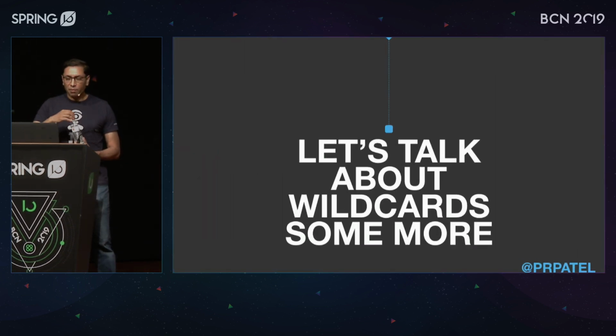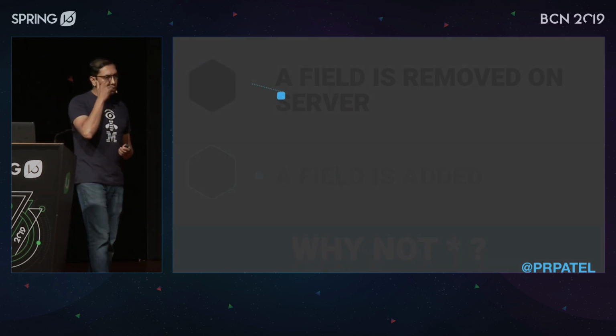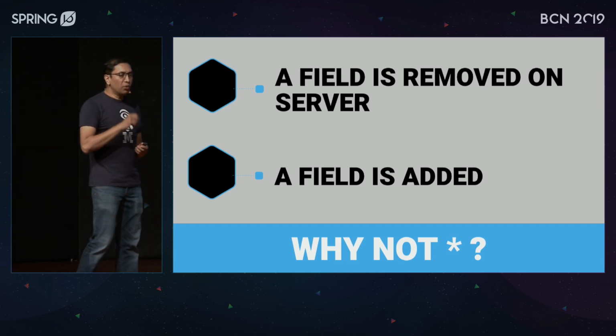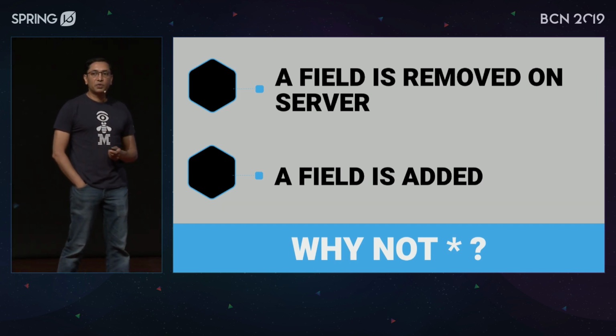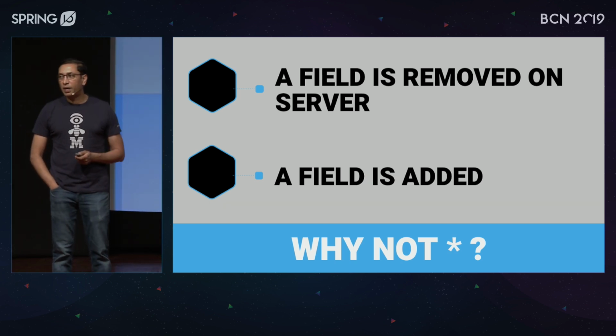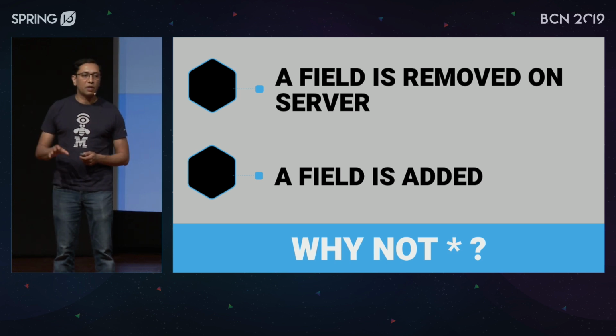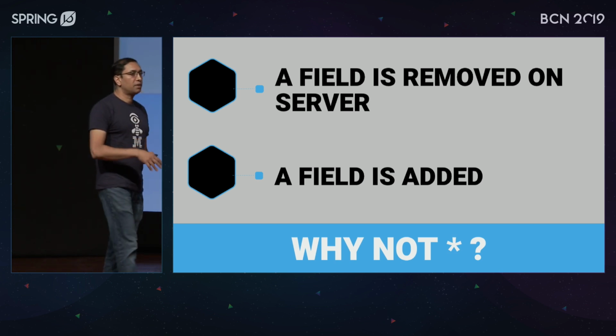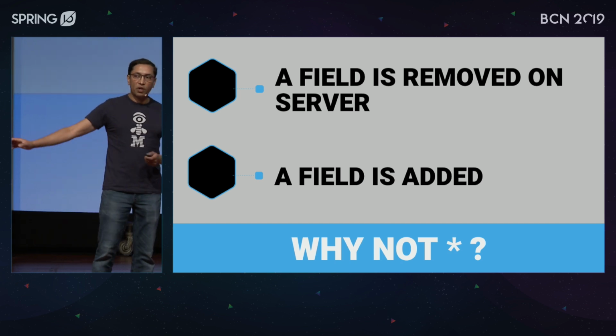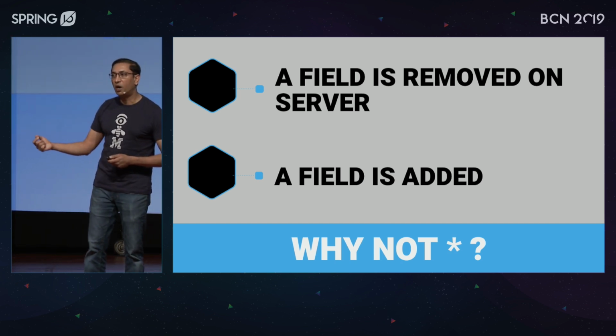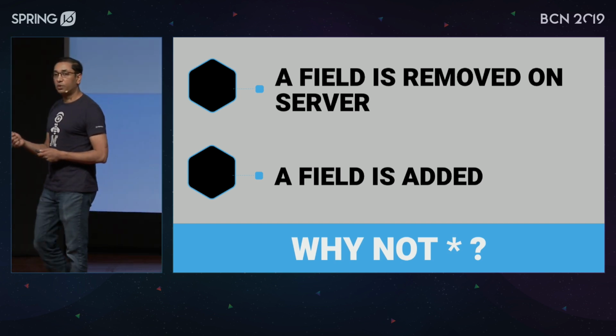All right, so let's talk about wildcards a little bit more. Another reason why it's nice to be explicit about what you're getting from the endpoint is, say that someone on the team removed a field from the object. You weren't expecting it.